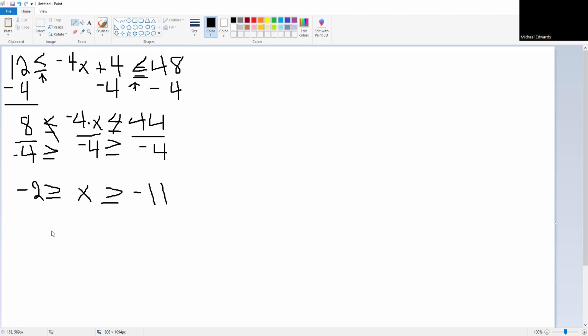So we can rewrite this as the smallest number here, negative 11 less than or equal to x, less than or equal to negative 2, the biggest number.